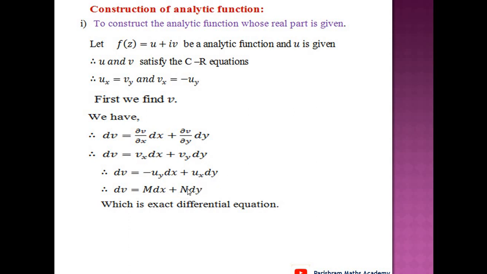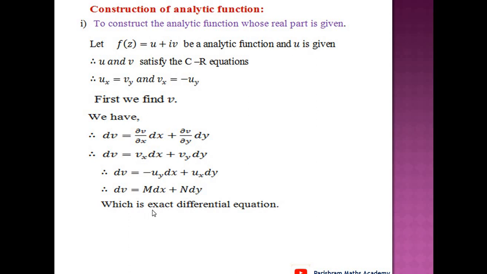We can take M dx + N dy. We find the derivative of M with respect to y and the derivative of N with respect to x, and taking their subtraction is always 0. It means the differential equation dv = M dx + N dy = 0 is an exact differential equation.